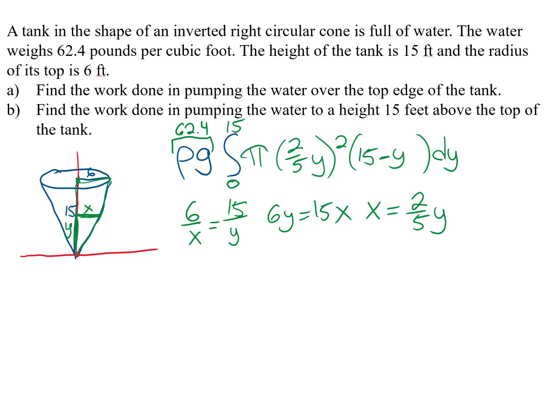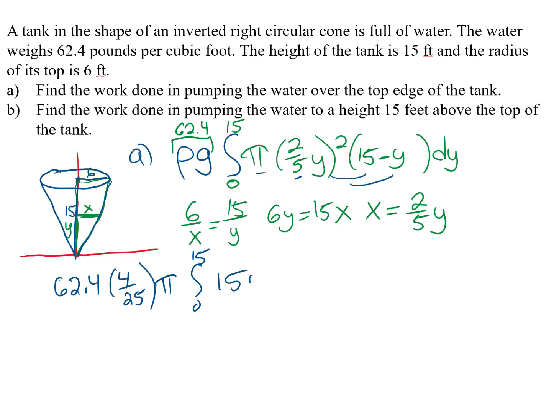So as we work this, this is part A. We're going to have our 62.4, and we can bring the pi out in front, and also we can square the 2/5 and bring that out in front as well because it's a constant. So we'll get all of those things out of the way. What that leaves us to integrate is the y squared, and we distribute that through here. So we're going to have 15y squared minus y to the third, dy.